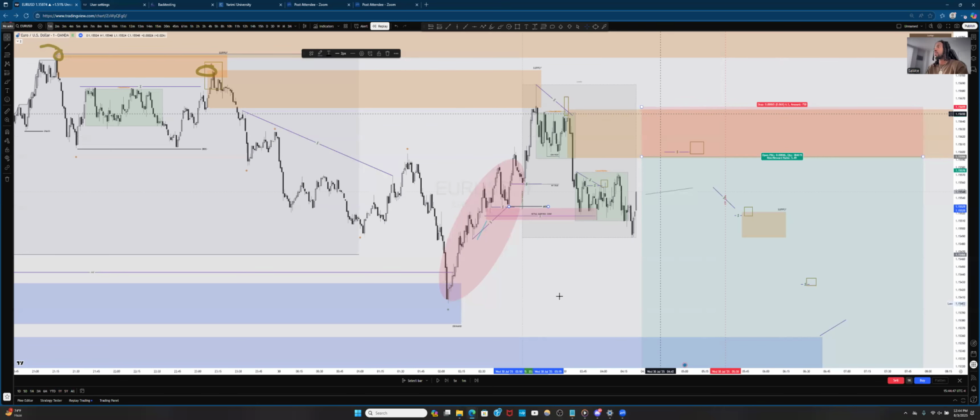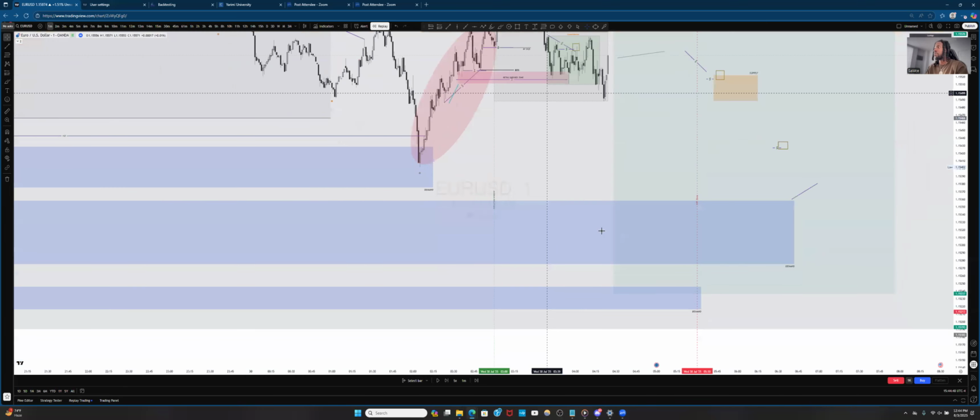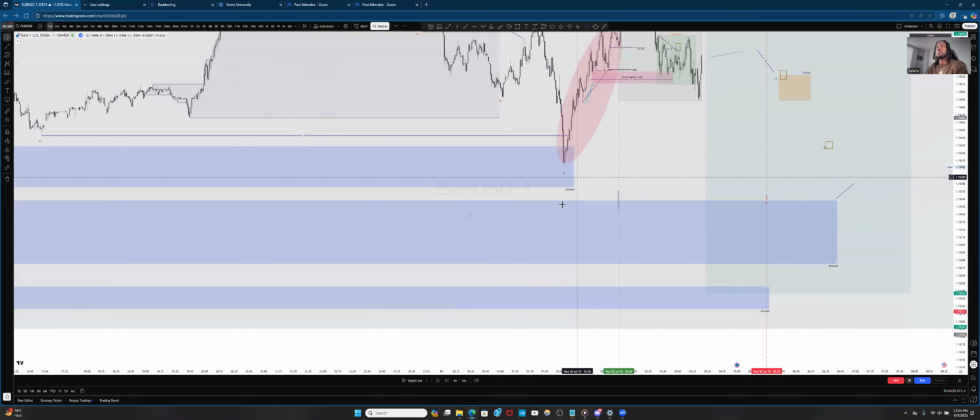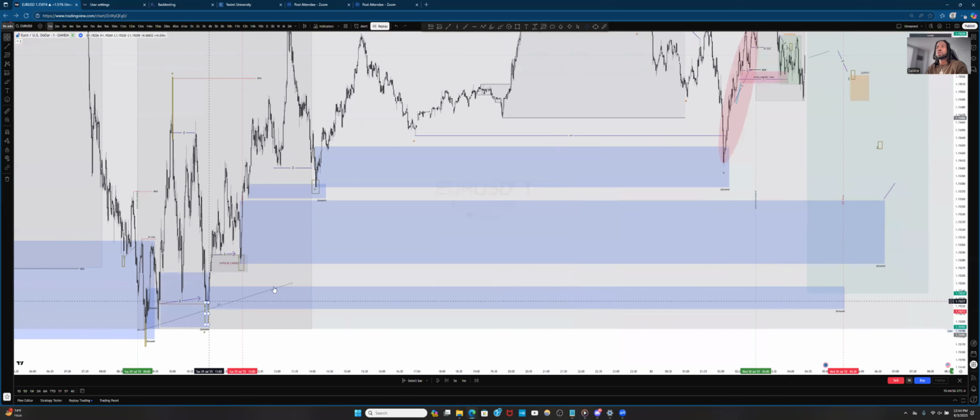Okay, so I took this sell and I aimed for, what did I aim for? I think it was this demand here, because this was the extreme. Because price had already validated this decisional, I aimed for the extreme zone. I could have aimed lower because this is a whole trend line, so what I did is I aimed for the trend line. I always like to aim for the next point of origin.